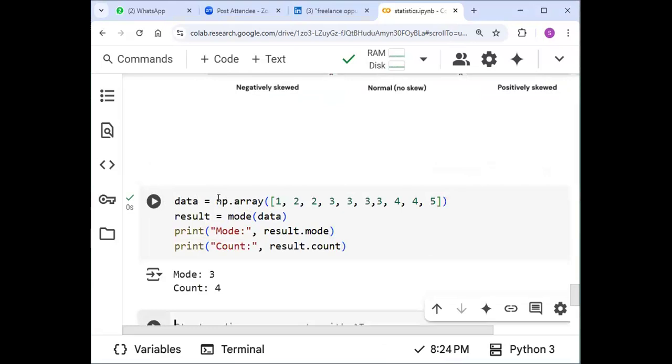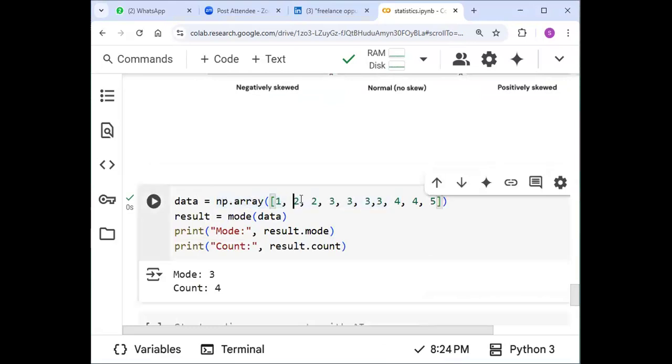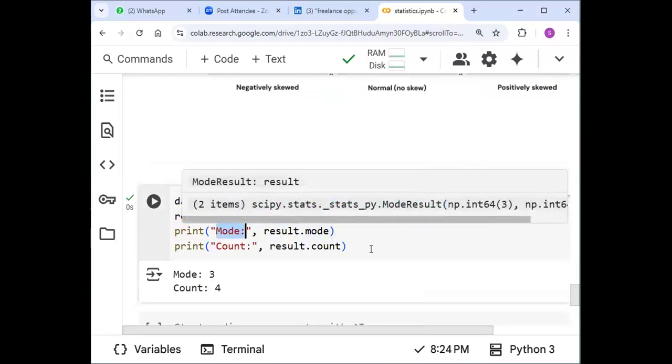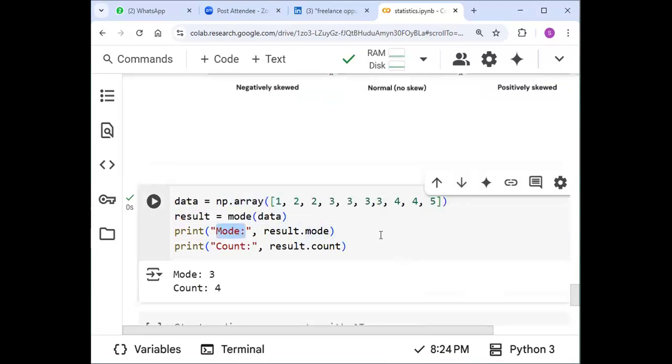I'm creating some data consisting of frequencies like 2, 2, 3, 3, 3, with more occurrences. The mode value is especially suitable for categorical values, like yes or no, male or female, where you can get the central tendency of the data.